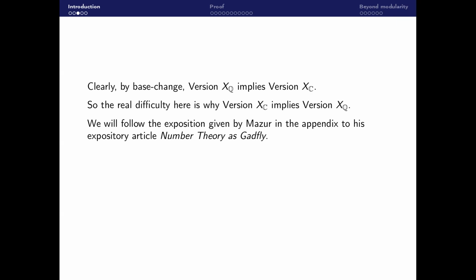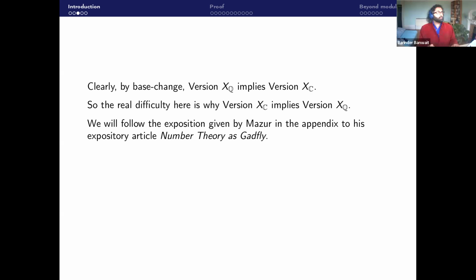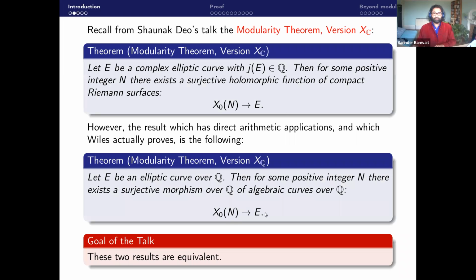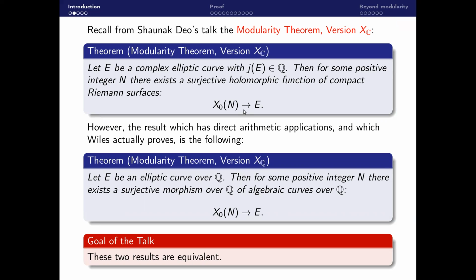So you mean if the elliptic curve over Q is modular, then it would be modular over any number field extension? Yes, that's right. If you have this as a map over Q, then you can base extend this to any number field, and in particular over the complex numbers, and then you will get this version. I think this would be non-trivial to define over any number field, like over a totally real number field.